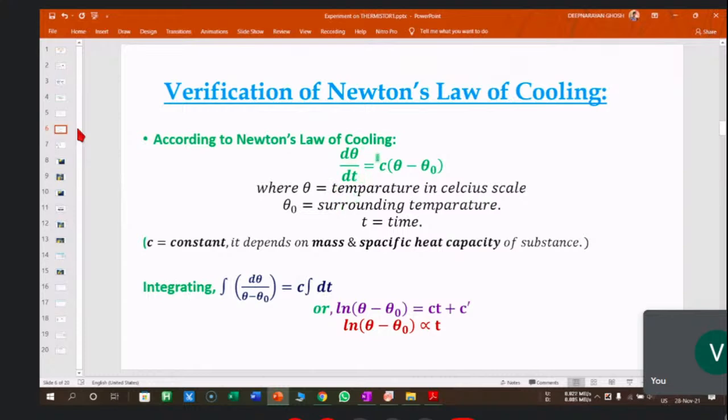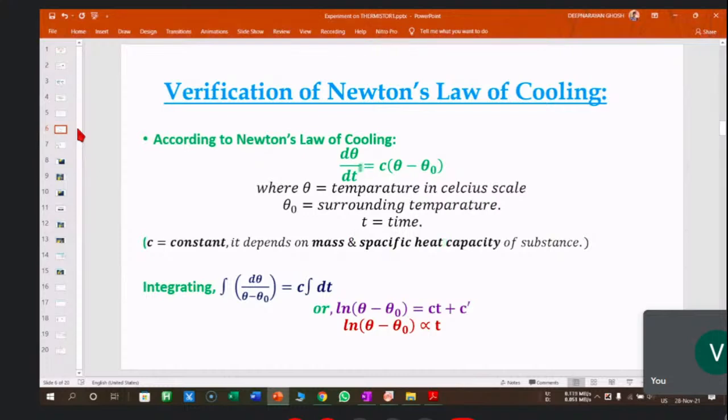So d theta by dt equals C into (theta minus theta naught), where theta naught is the surrounding temperature and theta is the temperature in Celsius. C is a constant that depends on the mass and specific heat capacity of the substance. If we take a constant amount of substance, then C is constant.